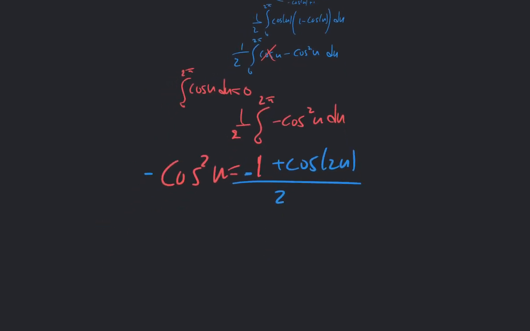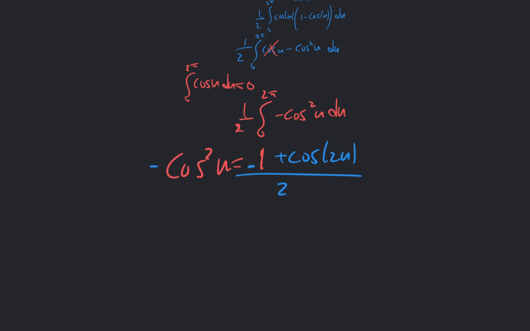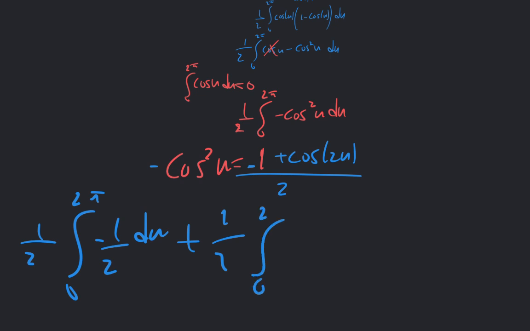So that's going to give us the integral 0 to 2 pi, 1/2 times negative 1/2 du plus the integral of cosine of 2u du.